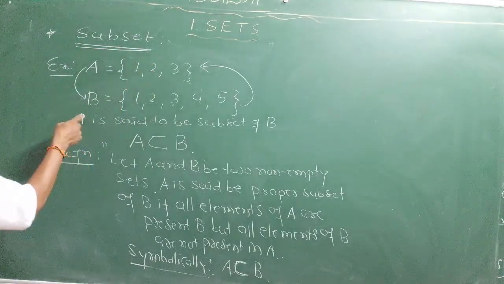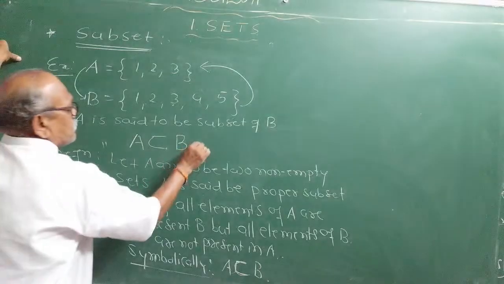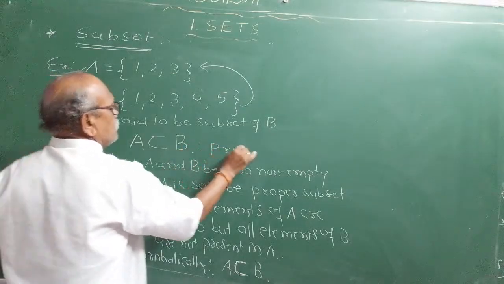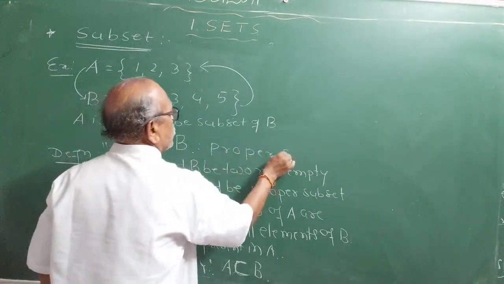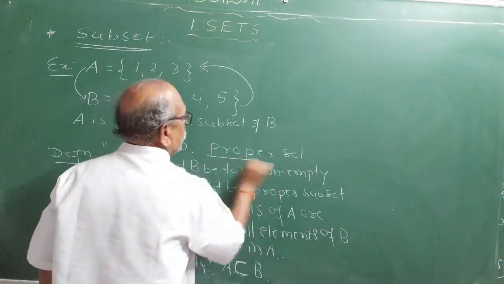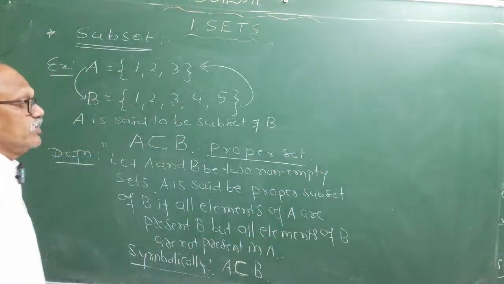In that, this particular subset is called a proper subset. There are two types of subsets. One is the proper subset. Then what are improper subsets? We'll try to understand.